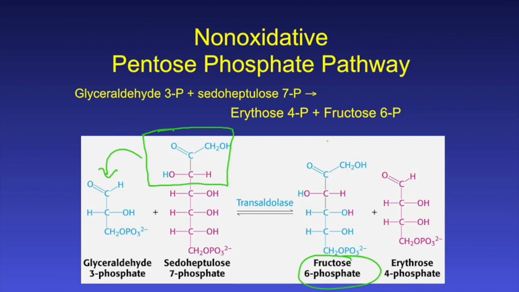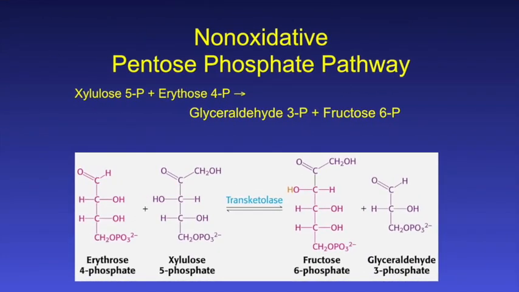Now, this is good because I know what to do with it. Okay? I'm in either glycolysis to break down the sugar, or I'm in gluconeogenesis to make the glucose. Now I got this 4-carbon thing that I have no idea what to do with.